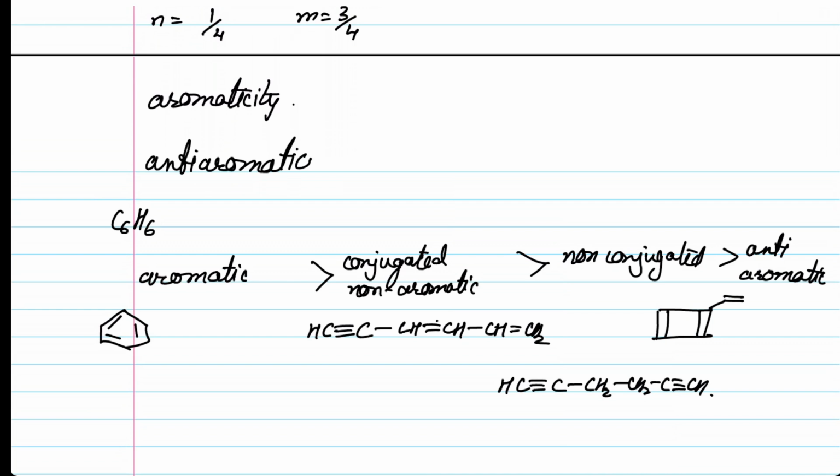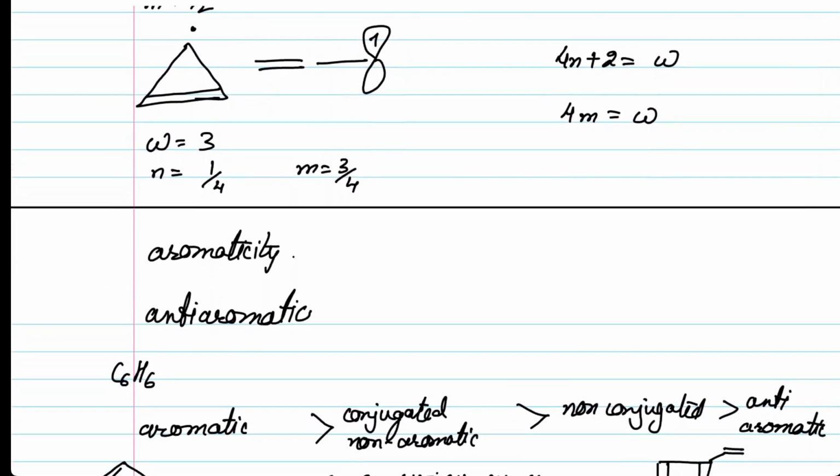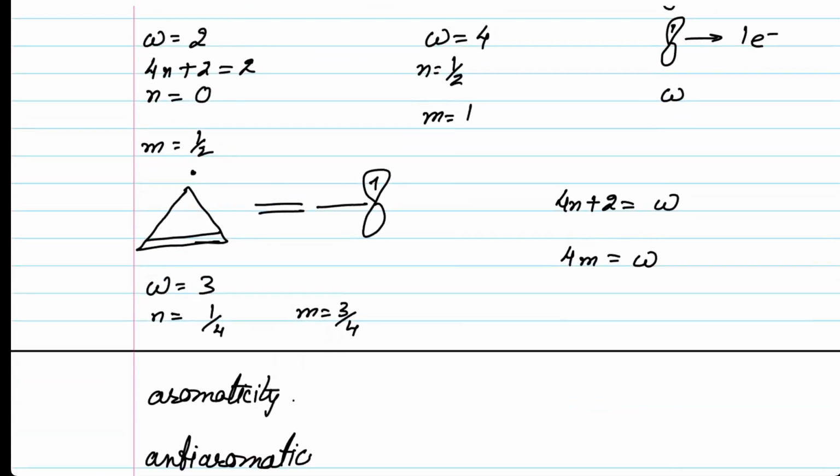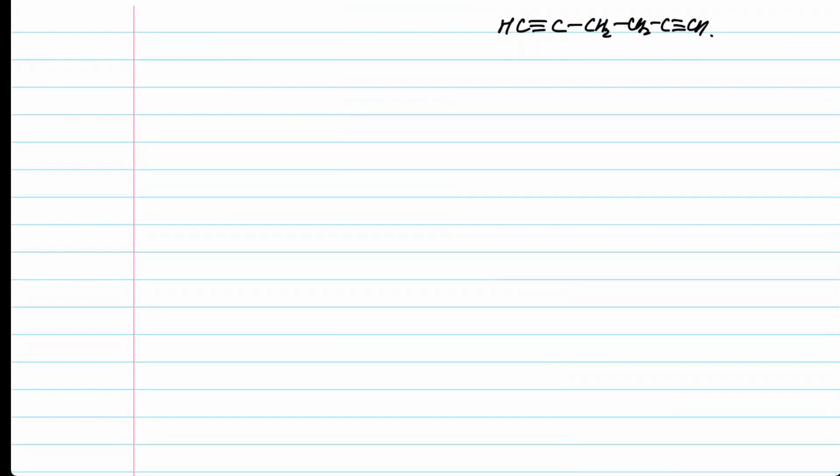So this compound is cyclic conjugated and anti-aromatic. That is the example. For the same formula, we could have all kinds of compounds, and this would be the stability order. Considering aromaticity, we could have many other examples which could be aromatic, anti-aromatic, or conjugated.